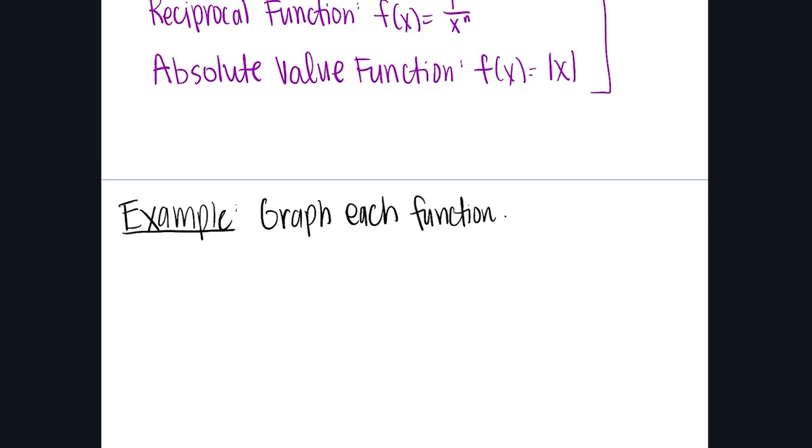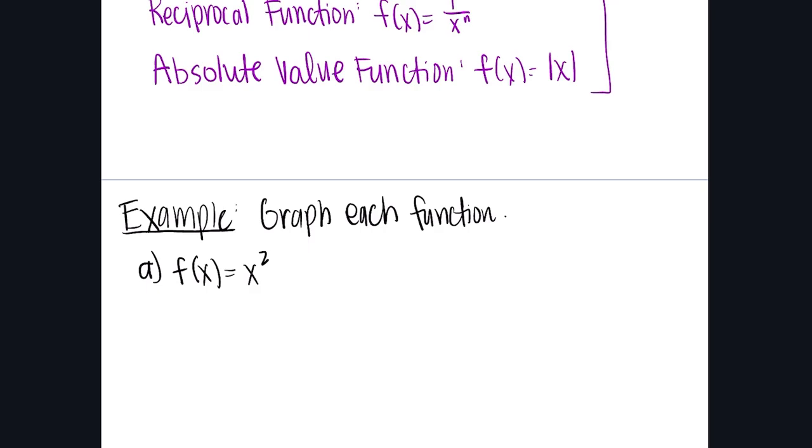So we're going to start simple and say, let's go f of x equals x squared. Before we graph it, can someone tell me what the shape of this graph is going to be? It's going to be your parabola.